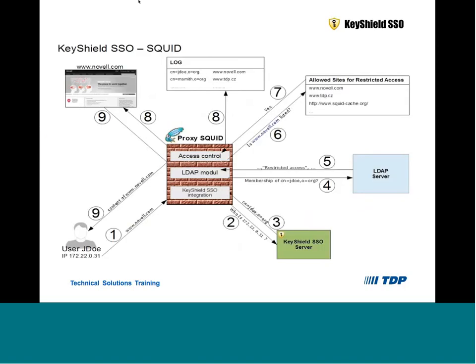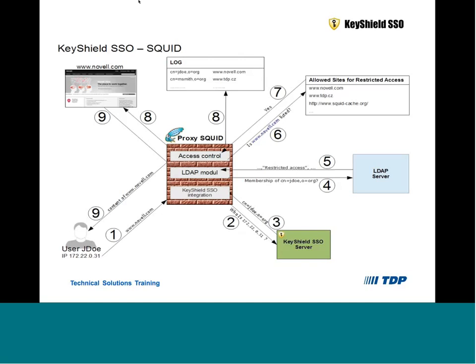Here is an example of how it works. It looks a little bit crazy, but if you follow the numbers, you see that at the beginning we have a user, Joe Doe, and the user is trying to read novell.com. On the proxy side, there is an integration module, and it asks KeyShield who the user is. So it gets number 3, the identification of the user, but it can be implemented so that if the user is a member of a specific group, then the user is allowed to go to the internet. If the user is not a member of the group, then it doesn't work.